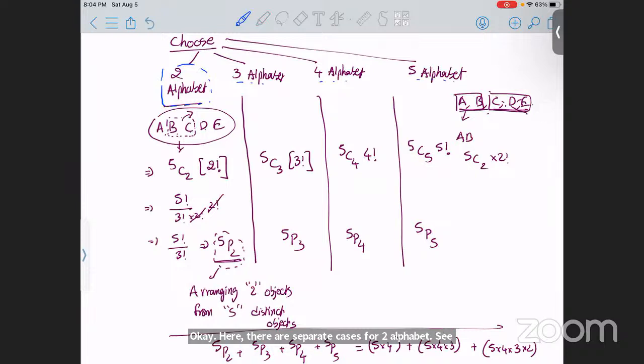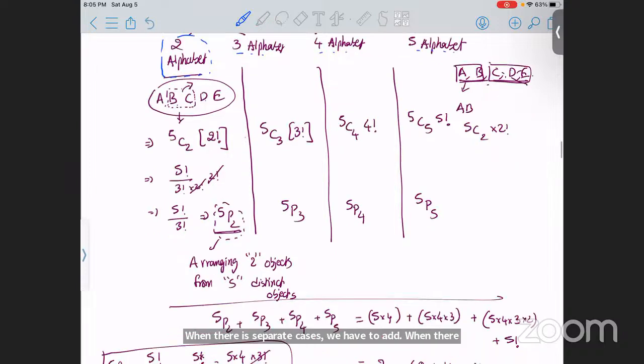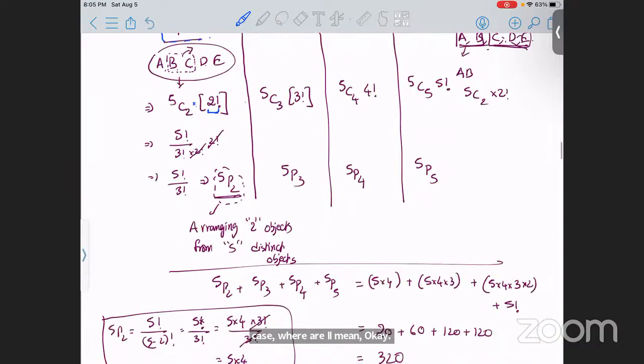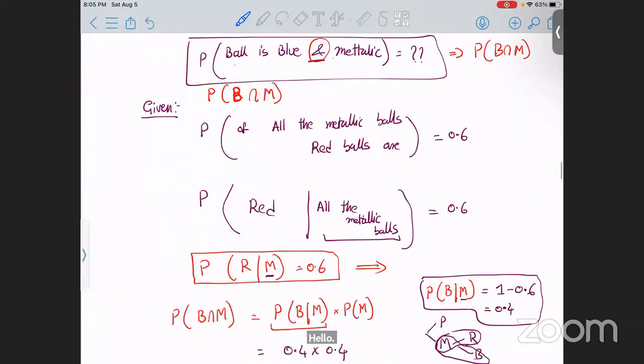When there are separate cases, we have to add. When there is arranging in a single case, we are multiplying with 2 factorial, because in this single case we are arranging these 2 alphabets. That's the major difference between adding and multiplication.